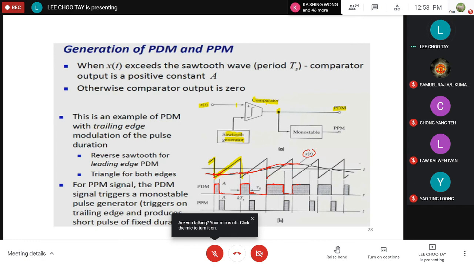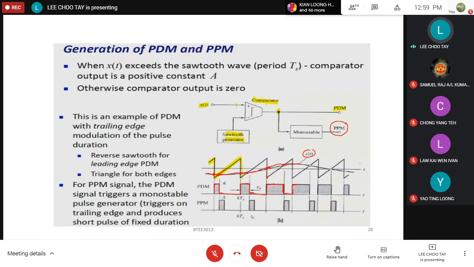All right. And then to generate PPM is to send the PDM signal through a monostable circuit. This monostable circuit will be triggered at the negative transition of the input.